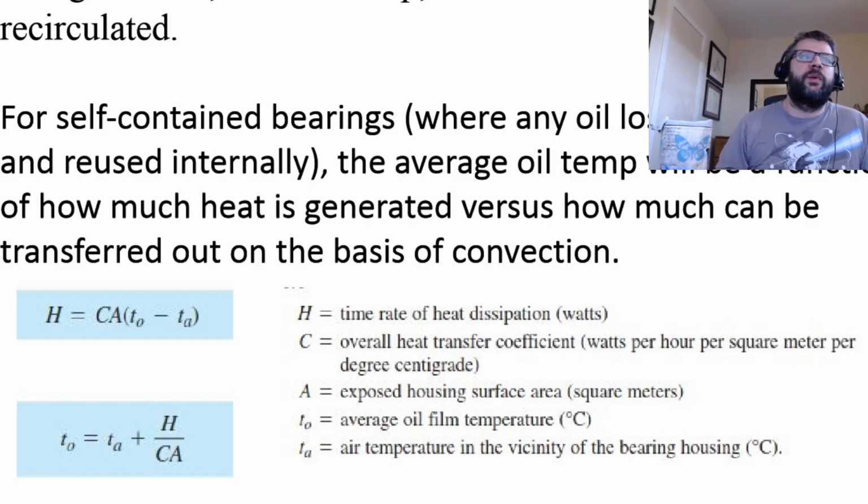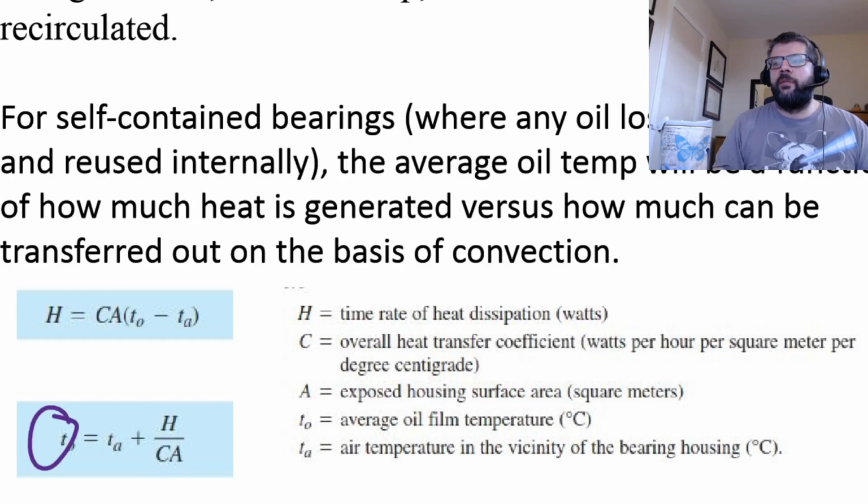So the difference between the average oil film temperature and the air temperature in the vicinity of the housing. So if we solve for T naught to figure out what our average oil film temperature is, that's going to be TA, the ambient temperature, plus the H over CA.